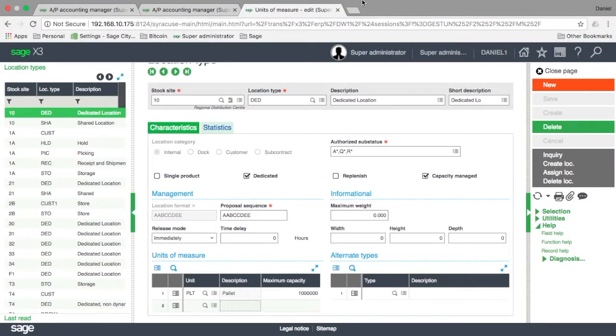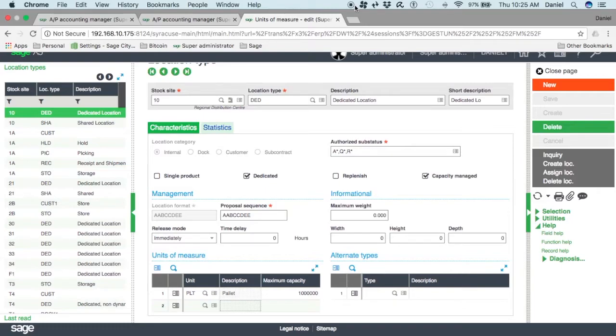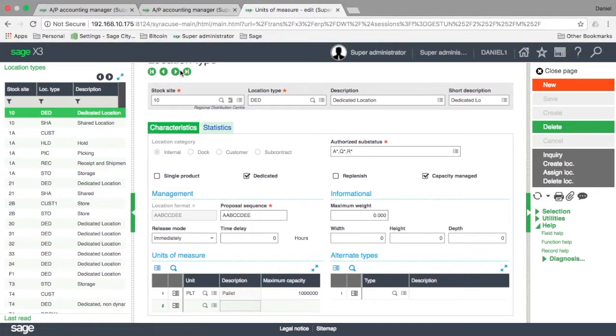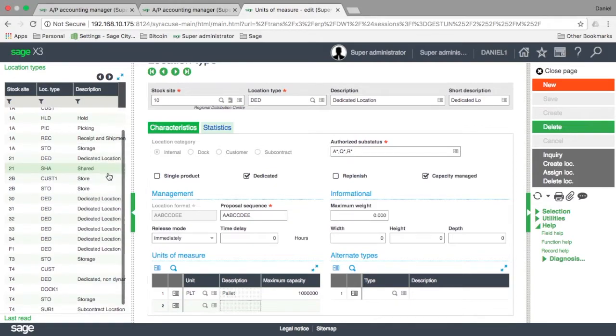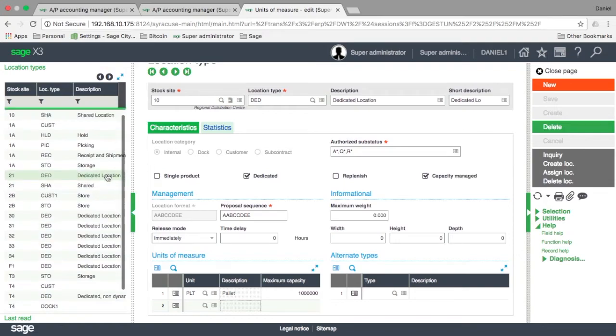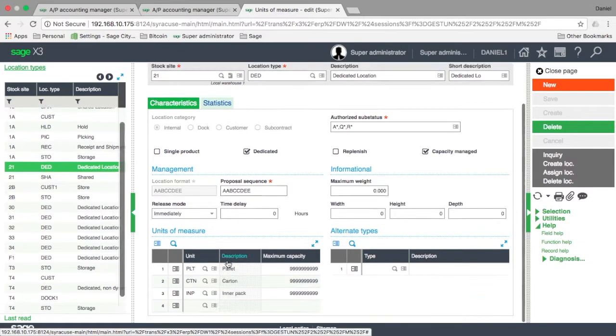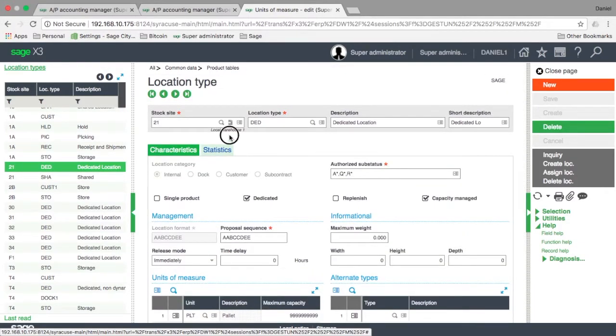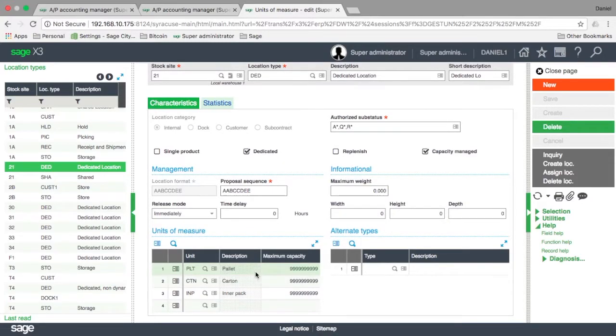At the unit of measure, we can specify the UOM which are acceptable in these locations. For example, at regional distribution warehouse level, we can specify that all stock are stored at pallet units. The other units of measure we allow in the other location types are, for local warehouse, pallet, inner pack, carton.